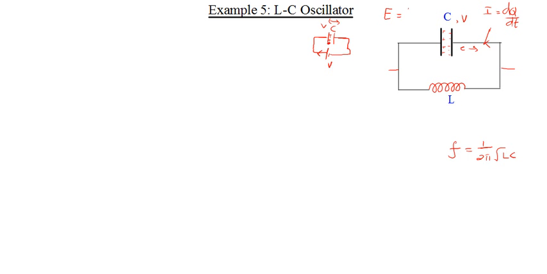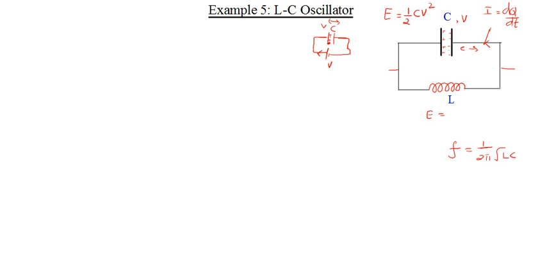Once it discharges through the inductor, the energy stored in the electric field of the capacitor decreases, and it gets partially converted into magnetic energy, which is stored in the inductor. In the case of the inductor, the energy stored is given by E equals half L i squared. We are just making the platform for the discussion.